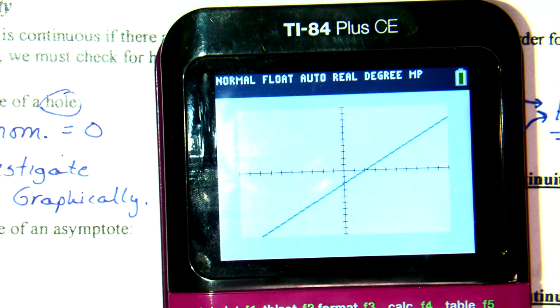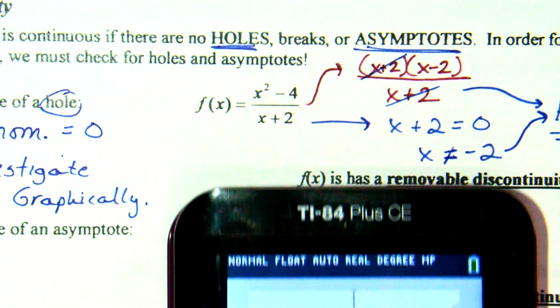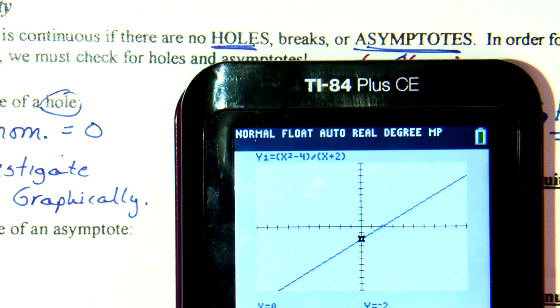Does it appear to be continuous? Yes, it appears to be continuous. And this is why I was talking yesterday how I like to use my graphing and my algebra skills together. This is why, because if I just look at this graph, okay, it's a line. It's continuous. However, it's not.